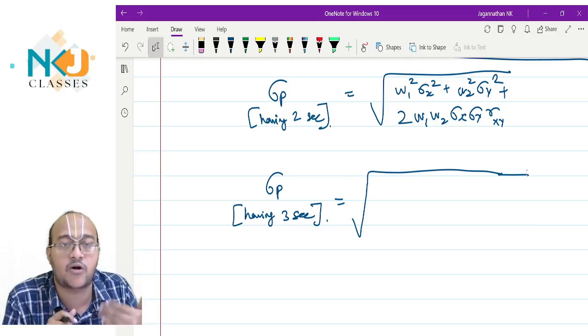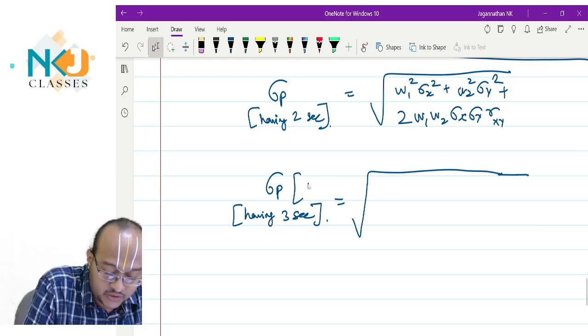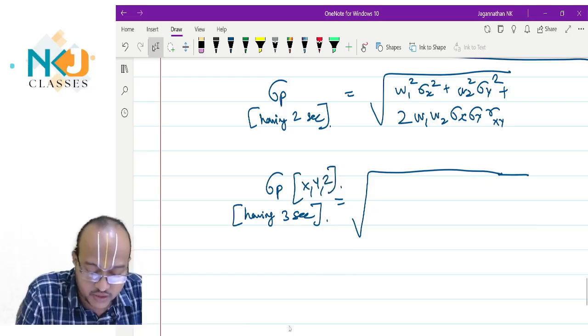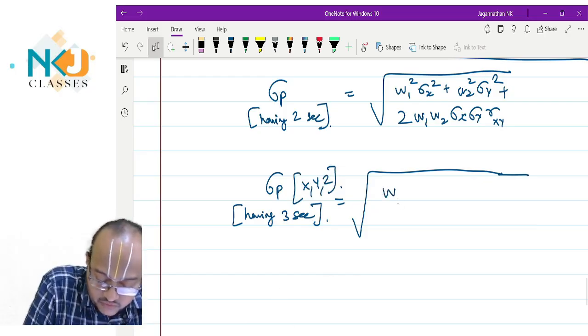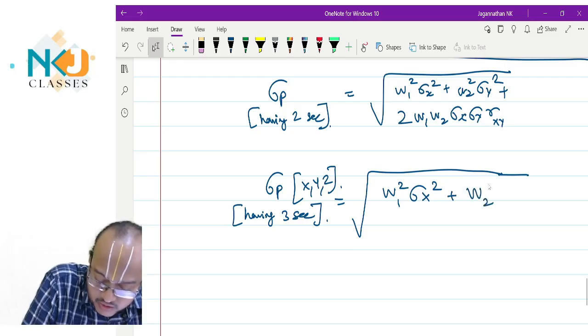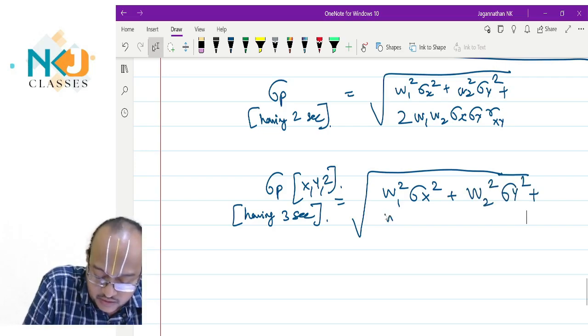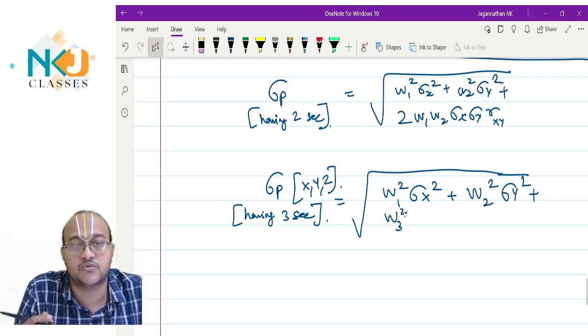For 3 securities, what we will do, we have x, y and z. Portfolio having securities x, y, z. Correct? What do you do? Individually, first weight 1 square, W1 square sigma x square, plus W2 square sigma y square, plus W3 square sigma z square, because the weight of the individual security is important.